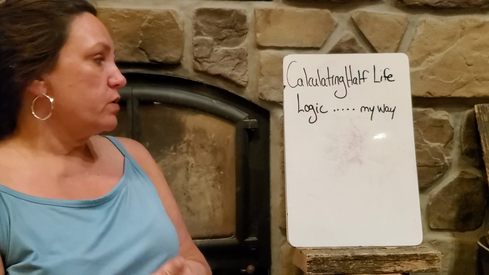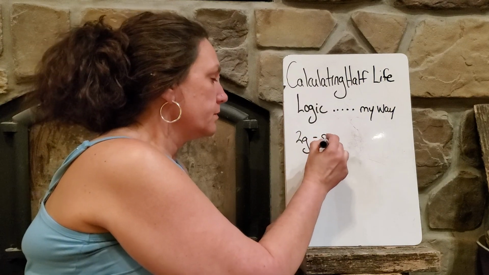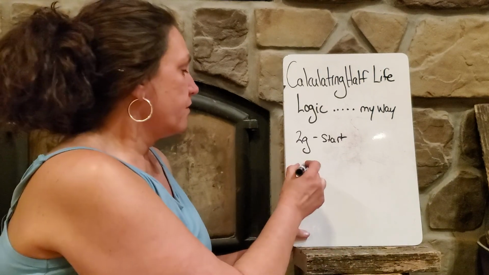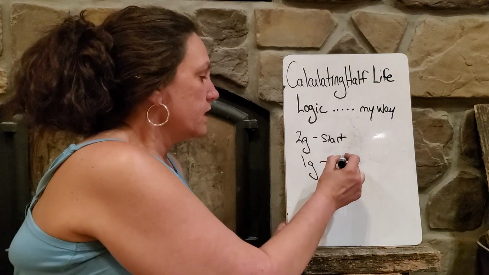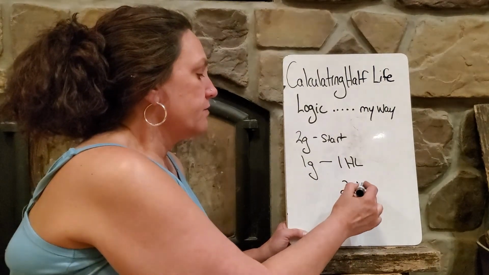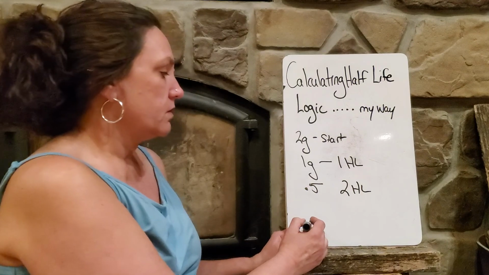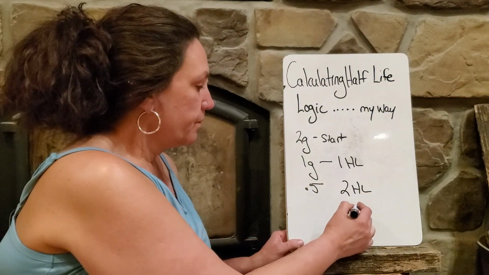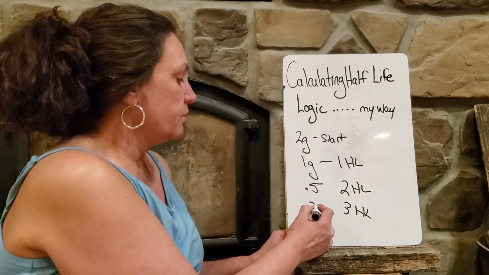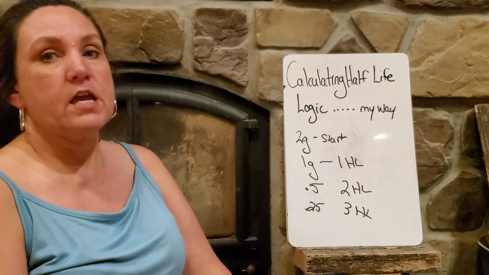So if I started with a sample of a substance that was 2 grams, after one half-life, I would have half of it. So I would have 1 gram after one half-life. And when 2 half-lives pass, I should have half of this, so I should have 0.5. One more half-life, I should have half of this number, so that would be 0.25, and so on and so forth.